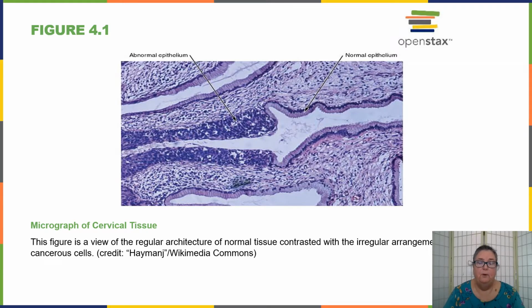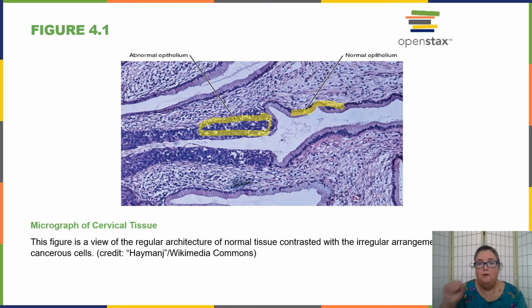This is an example of a light micrograph. This is histology, the study of tissues, and it shows us normal epithelial. We'll talk about what that means in a minute. There's normal epithelial and there is cancerous epithelial.